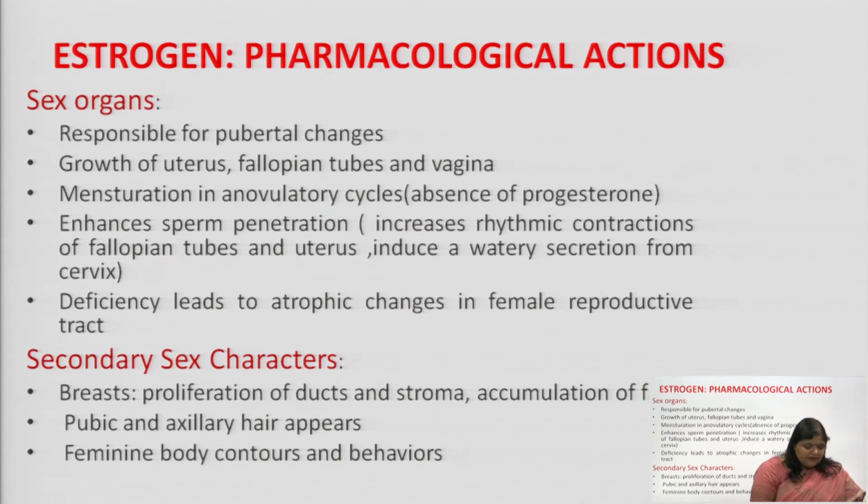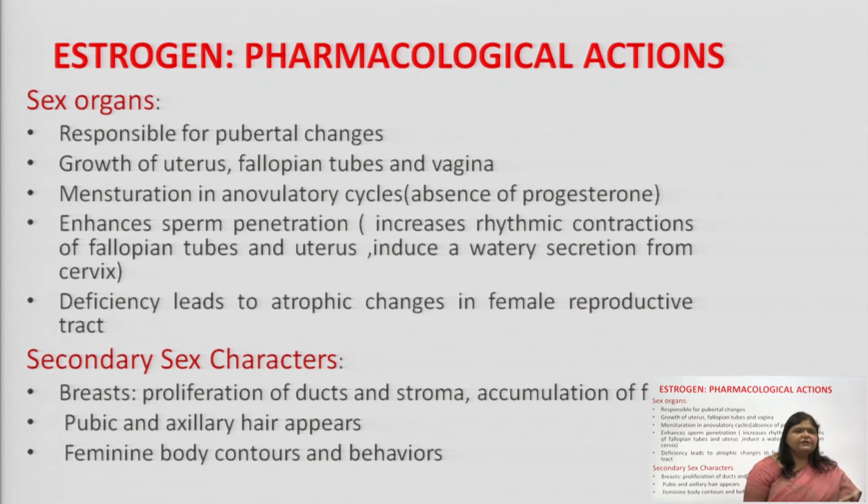It increases the rhythmic contractions of the fallopian tube and the uterus. It induces a watery secretion from the cervix, and thus it facilitates penetration by the sperm. If estrogens are deficient, it can lead to various atrophic changes in the female reproductive tract.